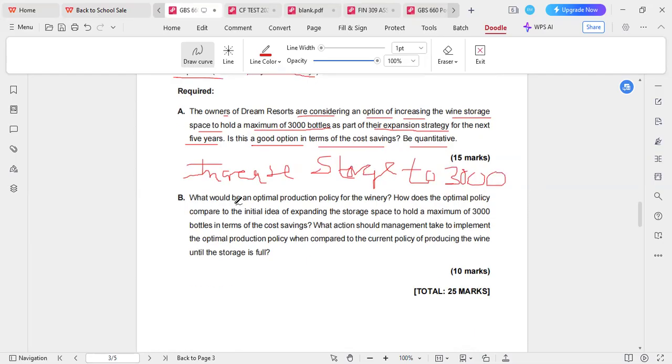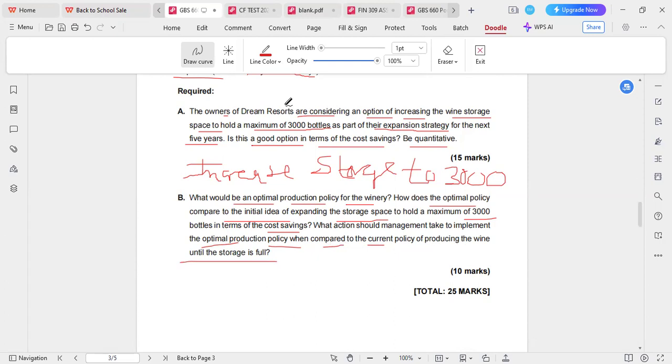Now, what would be an optimal production policy for the winery? How does the optimal production compare to the initial idea of expanding storage to the maximum 3,000 bottles in terms of cost saving? What action should management take to implement the optimal production policy when compared to the current policy of producing the wine until the storage is full?